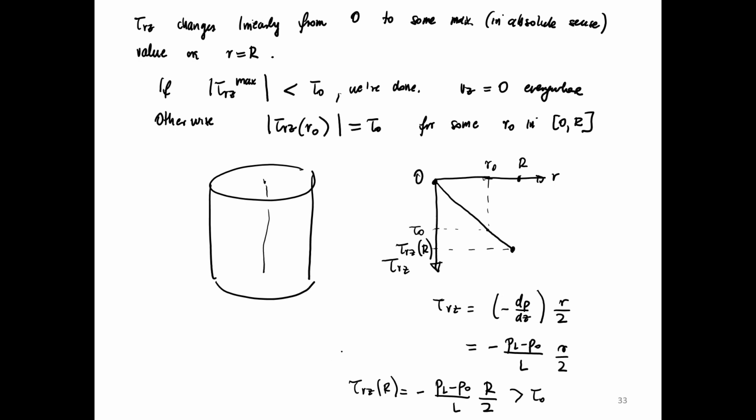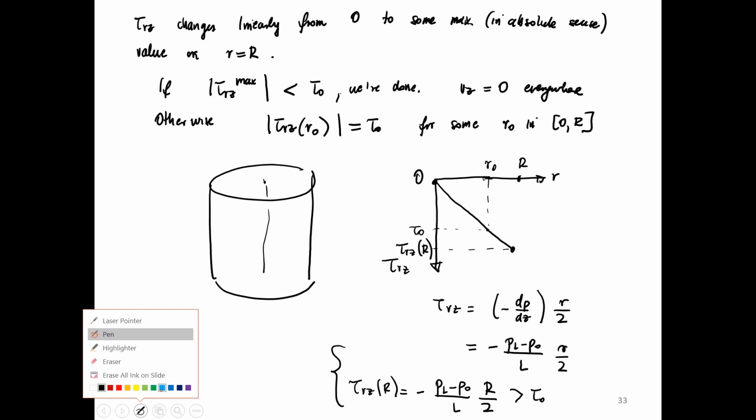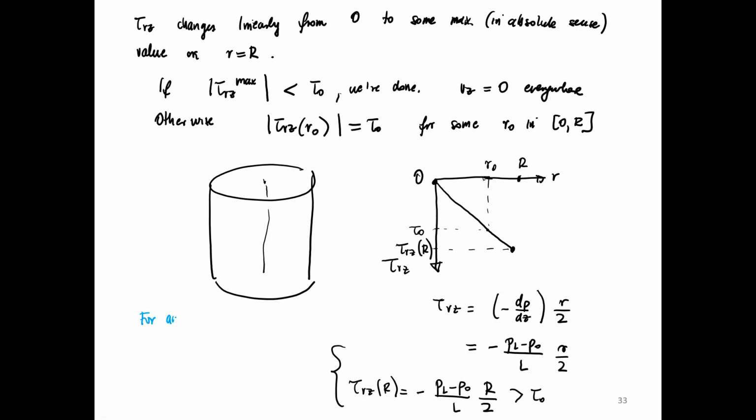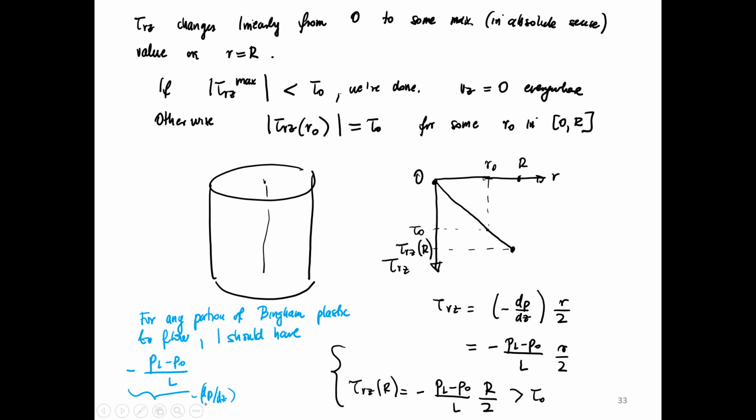So for any portion of Bingham plastic to flow, I should have minus PL minus P0 over L, which is my minus dP dz, if you'd like, however you want to think about it, has to be larger than tau 0 times 2 over R. Do we agree?